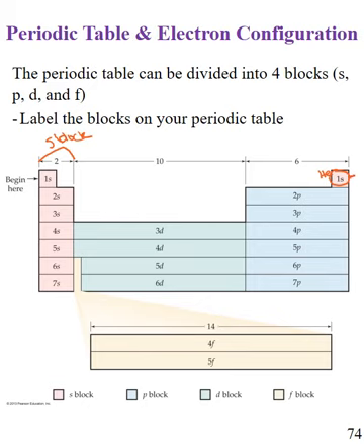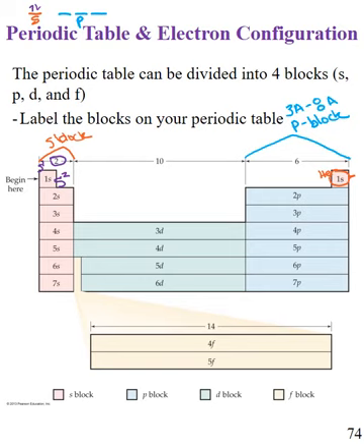Now if I looked at the P subshell, how many orbitals does it have? The P subshell has a total of 3 orbitals. So I can draw 3 lines. How many electrons can go in there? Up to 6 can go in there.